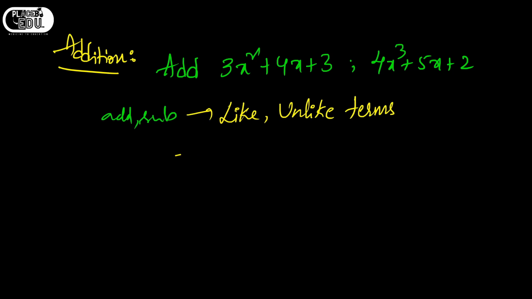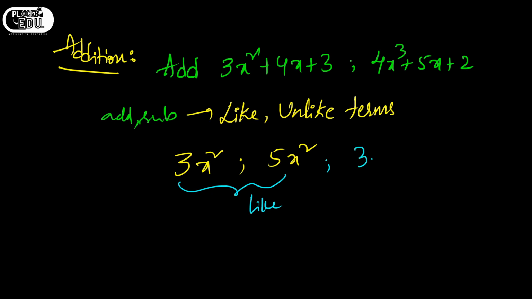That is, 3x square and 5x square will be like terms. These two will be like. Okay. 3x square and 5x are unlike. Understood?